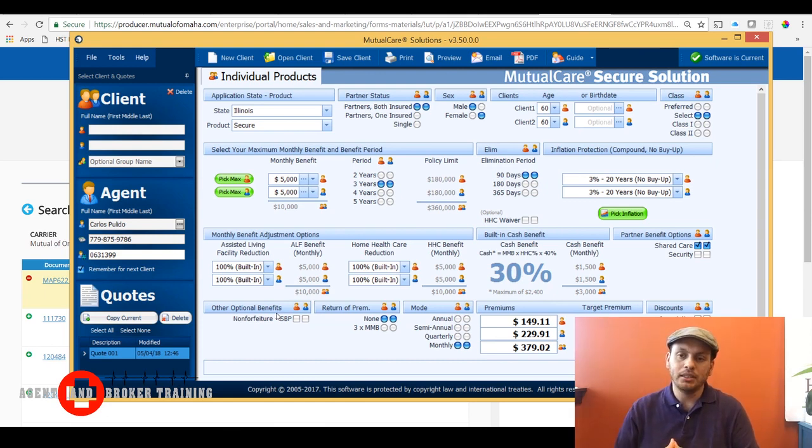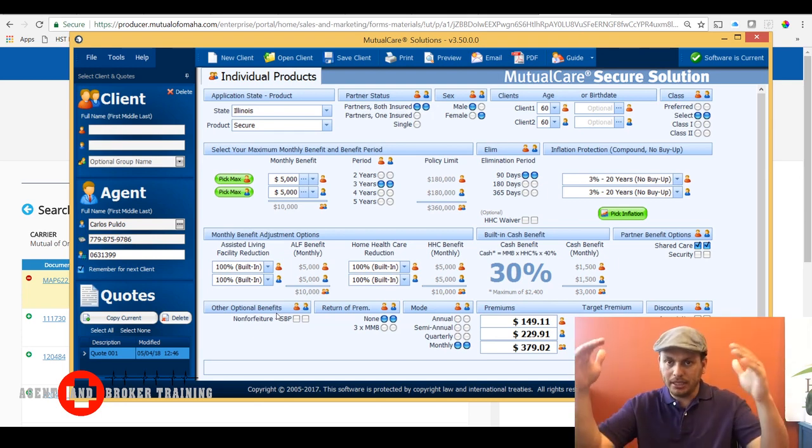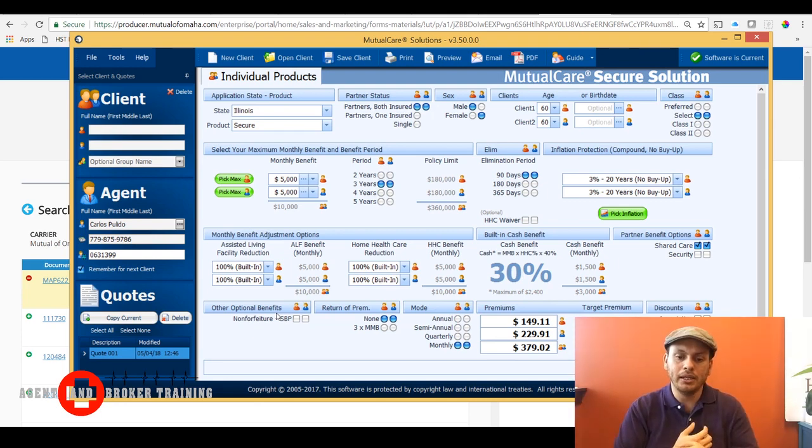So if they went 10 years with this long-term care, something happened, and they lapsed on their payment, then they'll still have it at just a reduced rate. Now I know Mutual of Omaha, I just confirmed that they have a 65-day grace period, or let's call it reinstatement period.